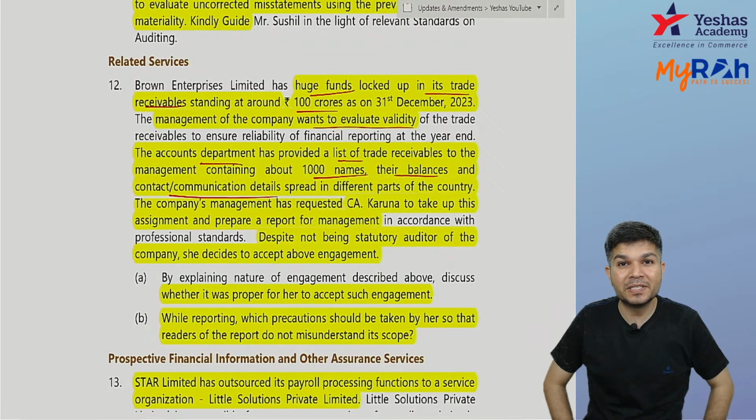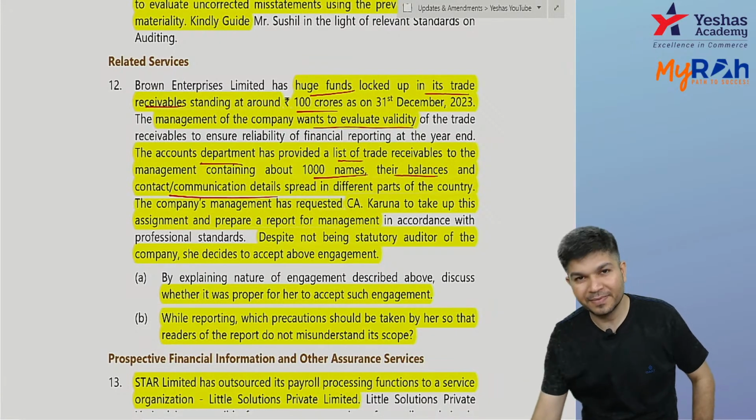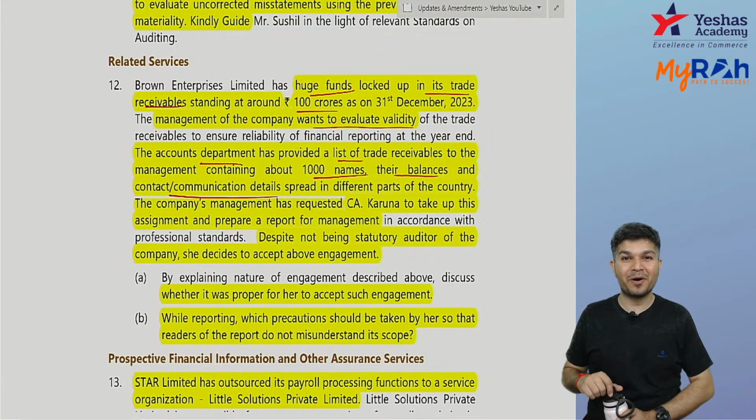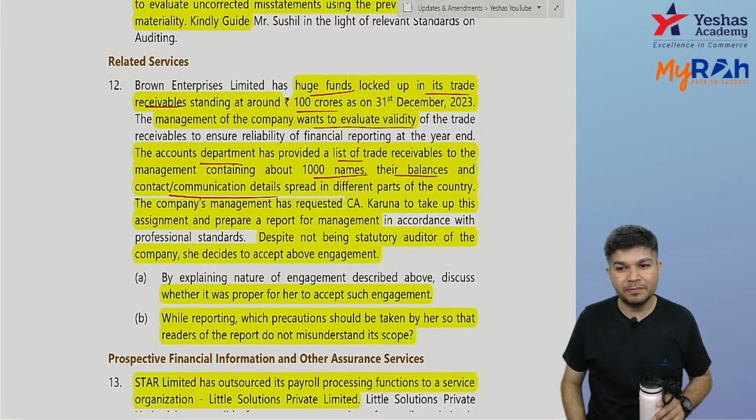Engagement to perform agreed upon procedure, can it be undertaken by a chartered accountant who is not the CA of the company, who is not the auditor of the company?